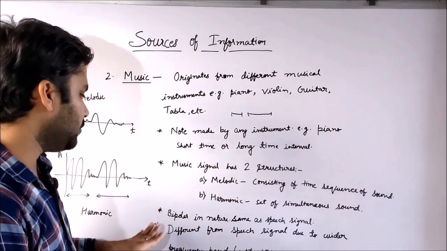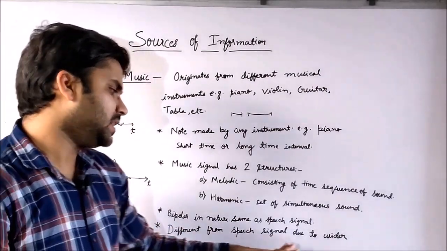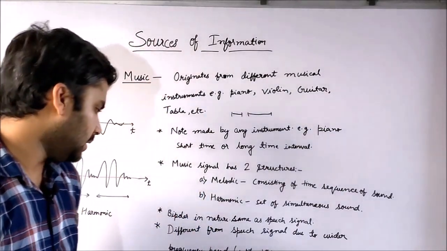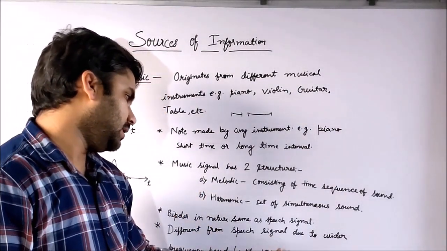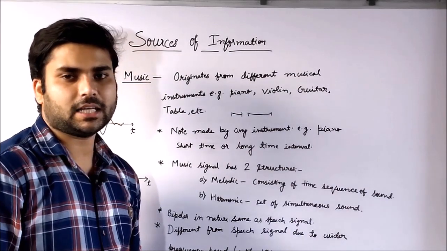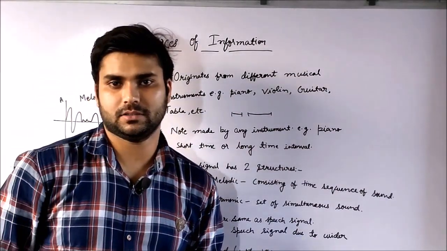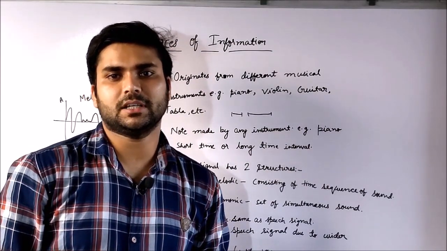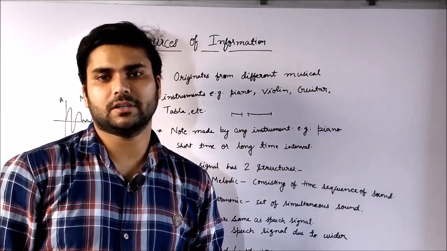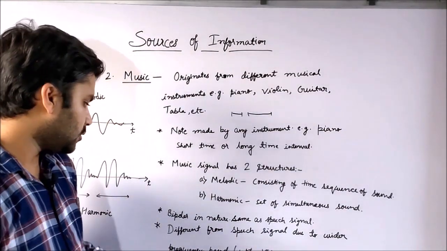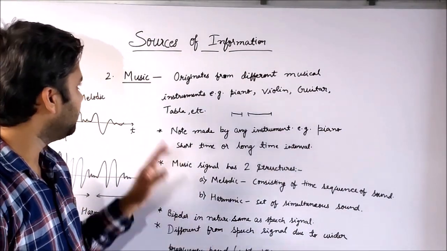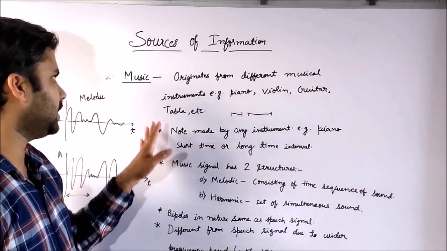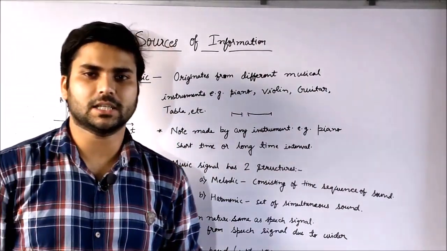Okay, now the music signal is different from the speech signal in one manner: a music signal has a wider frequency band that extends up to 15 kilohertz, whereas our speech signal ranges from 300 hertz to 3100 hertz. Okay, so these are the technical terms we have seen about the music signal.